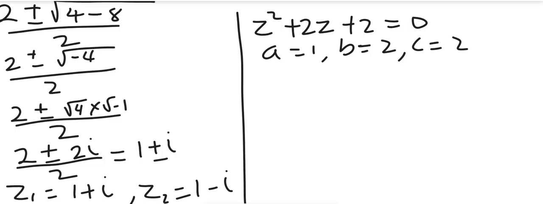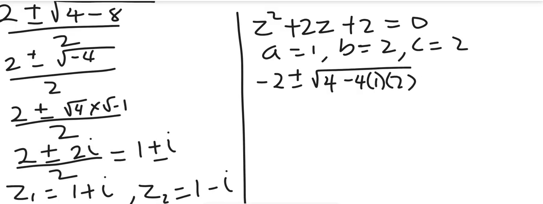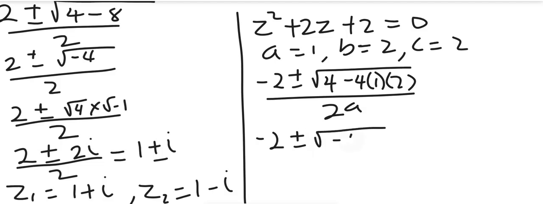So minus b, minus 2, plus or minus square root of b squared, that's 4, minus 4 times a, which is 1, times c, which is 2, divided by 2a. So minus 2 plus or minus square root of negative 4, divided by 2. Sorry, when I said 2a, a is 1, so 2 times 1 is 2.